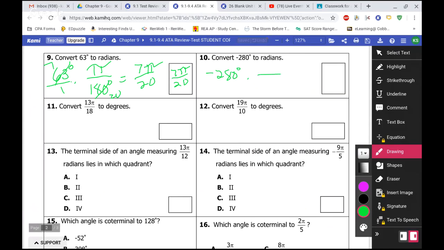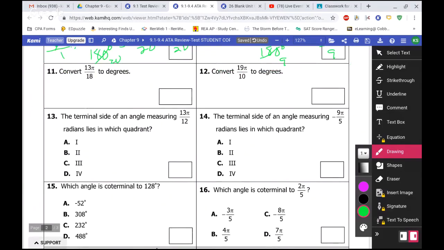Once again, what you're trying to get rid of, you want that in your denominator. 20 goes into both of those, so it's going to give me negative 14 up here and 9 down here. So that's going to be negative 14 pi over 9.